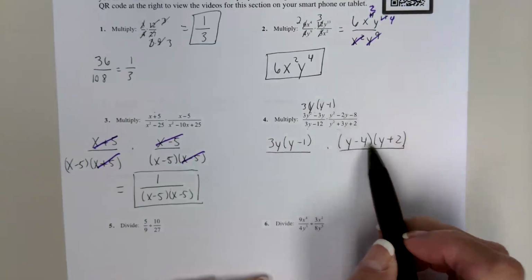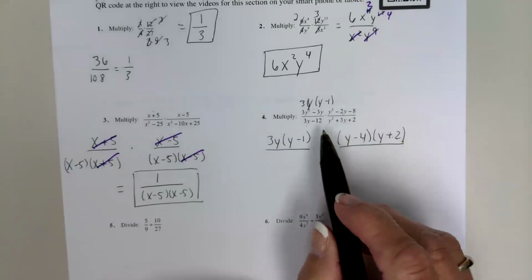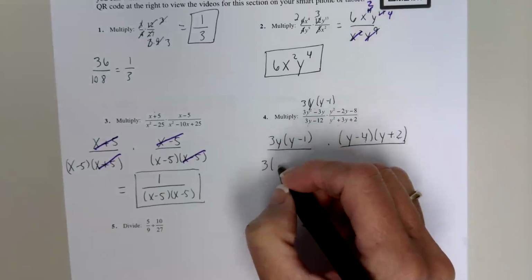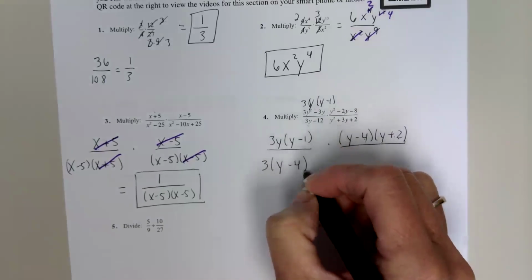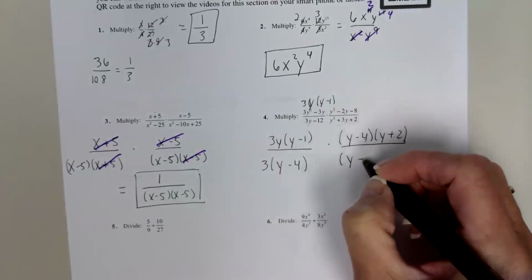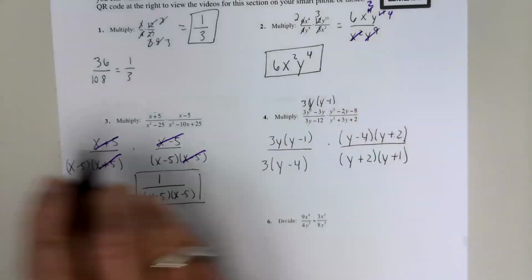Two numbers that multiply to make negative 8, but add to make 2. Bottom left, I can factor out a 3, and then we have y minus 4 left. And the bottom right is y plus 2 times y plus 1.